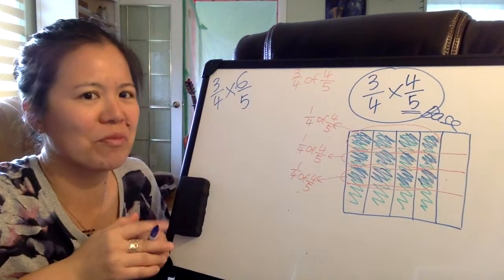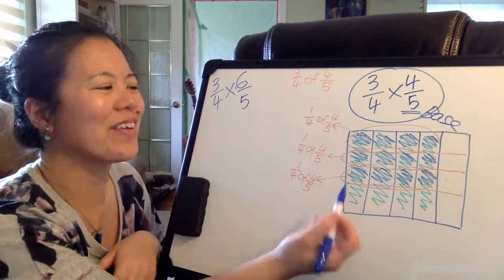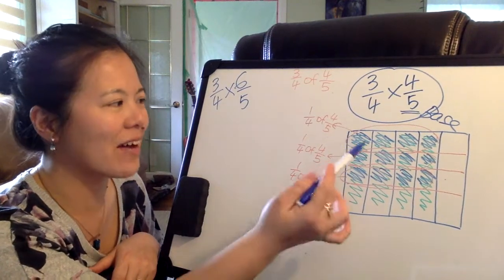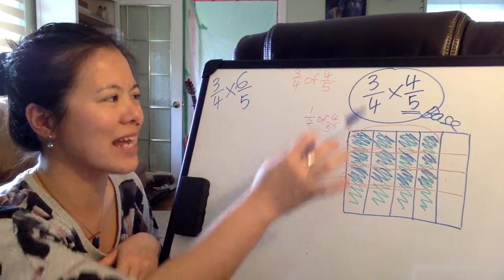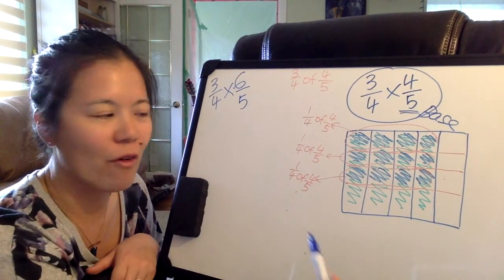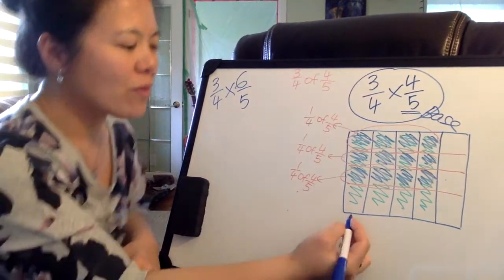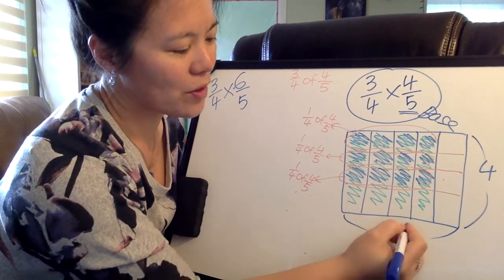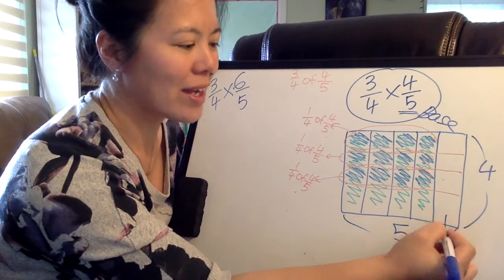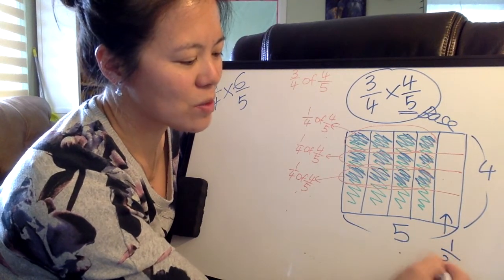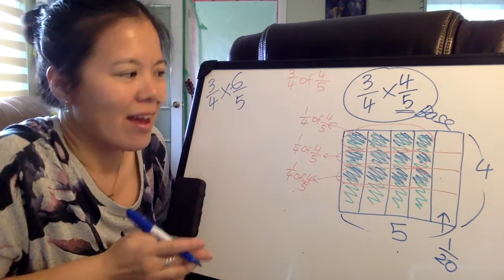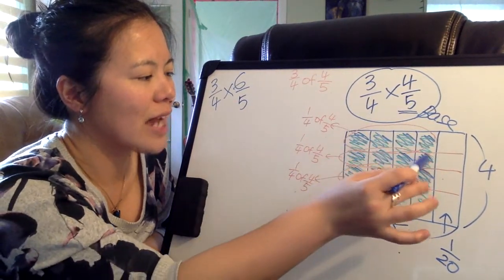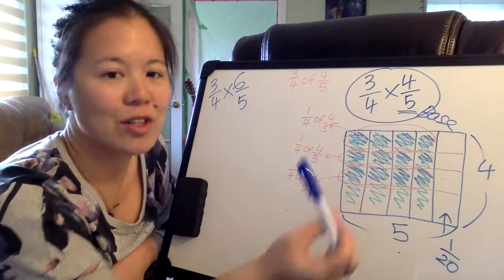Now it's really dirtily colored, but the parts that are colored in blue actually represent 3/4 of 4/5. We divided this side into 4 equal parts and this side into 5, so the unit fraction right over here is 1/20th, and we colored in blue 1, 2, 3, 4, 5, 6, 7, 8, 9, 10, 11, and 12.